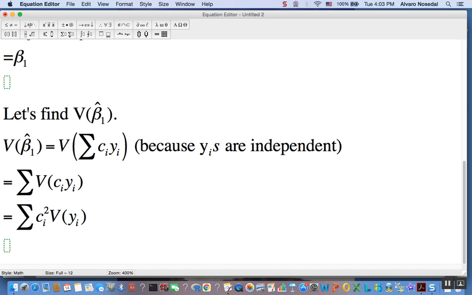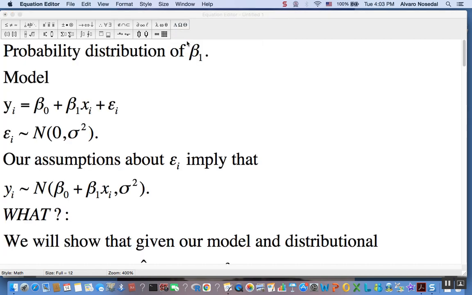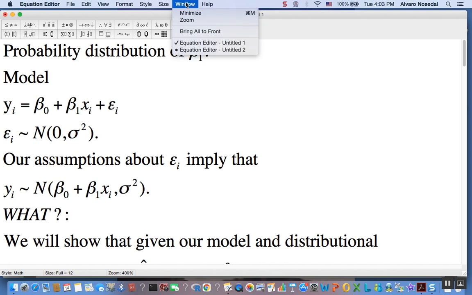Now, again, let's go back to our model to find out what the variance of the yi's is. According to our model, our assumptions about the epsilons are going to lead us to this. The variance of the yi's is sigma squared.